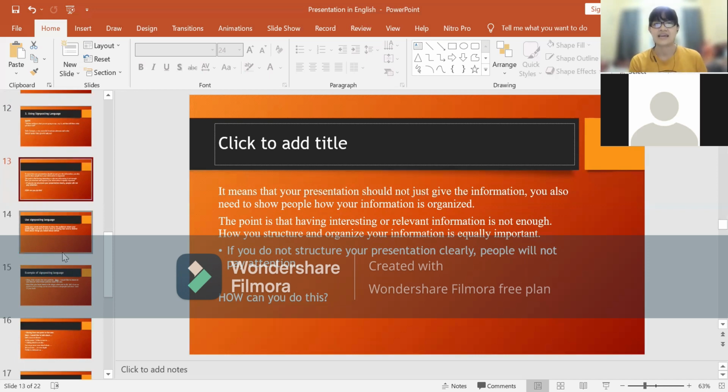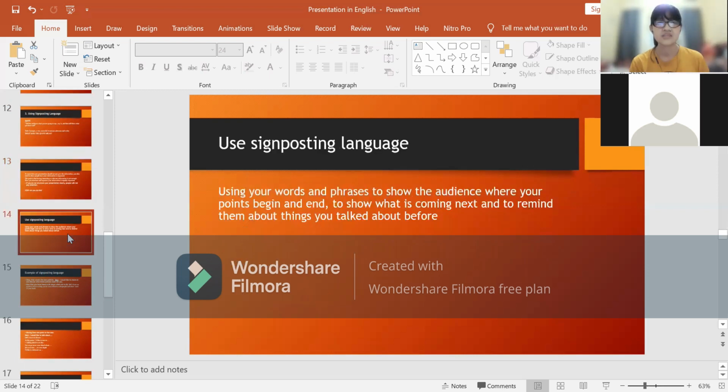So how can you do this? You can use words and phrases to show the audience where your points begin and end, so they know what is coming next.